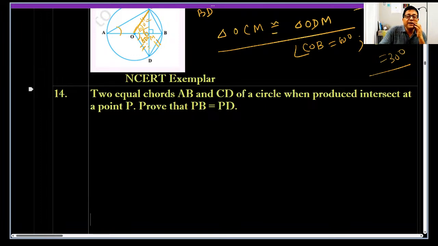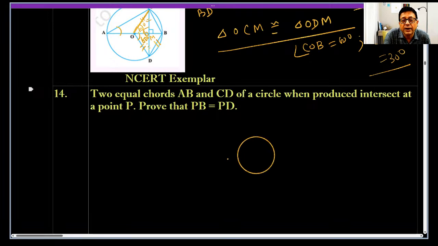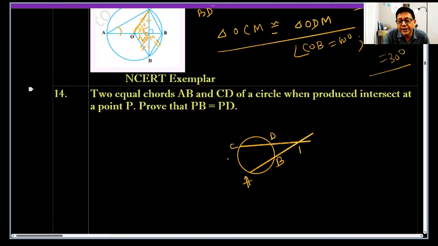Two equal chords AB and CD of a circle when produced intersect at P. These are two equal chords AB and this one is CD. They intersect at P. Your problem is to prove that PB equal to PD. Okay, try to do it.